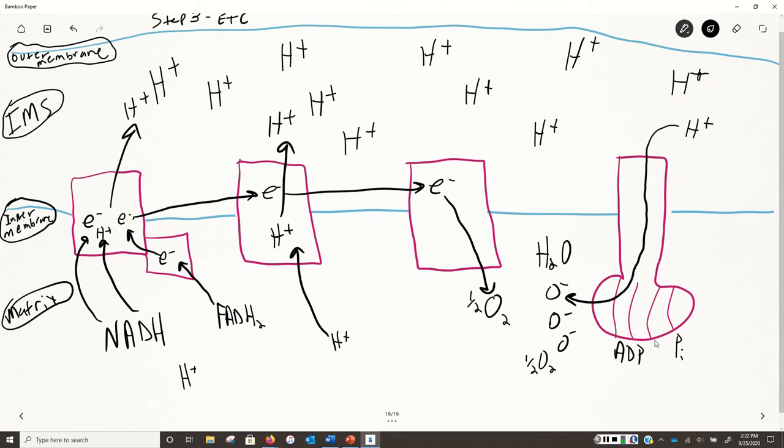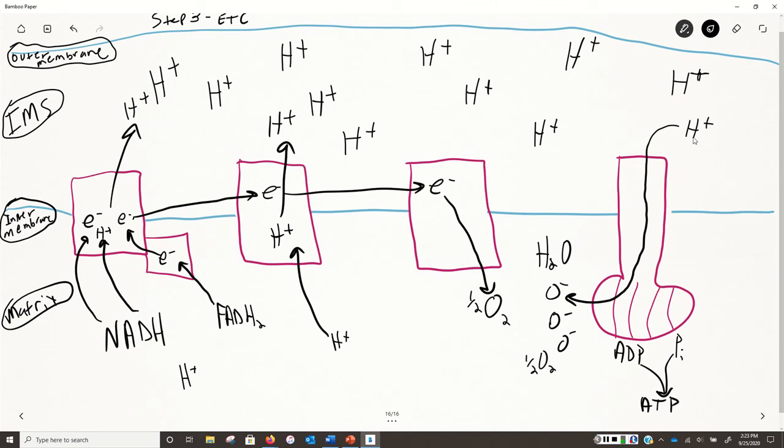And as it spins and kicks forward, it takes an ADP and an inorganic phosphate and slams them forcefully together. If the ADP and the inorganic phosphate are slammed forcefully together, what do we end up with? We end up with ATP.